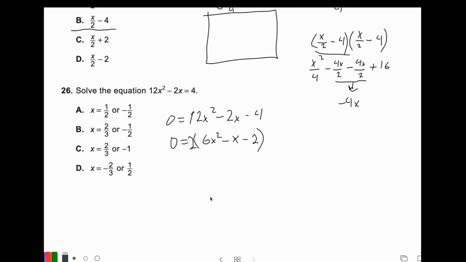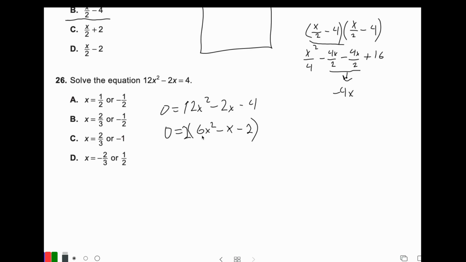This is kind of difficult because on this first one, we've got a 6x squared. So we have 4 possible solutions for this first term. This could either be 2x, 3x, 1x, or 6x, because these first two terms are going to multiply to get 6x squared.